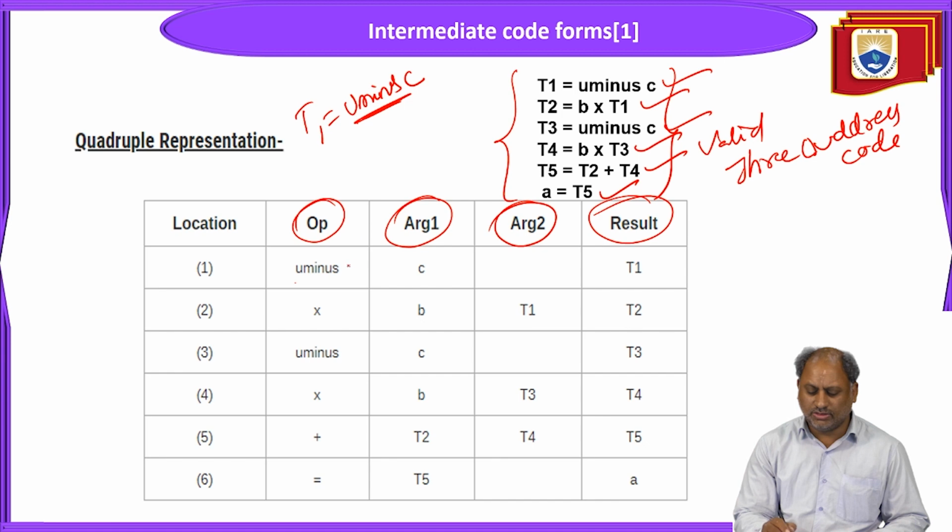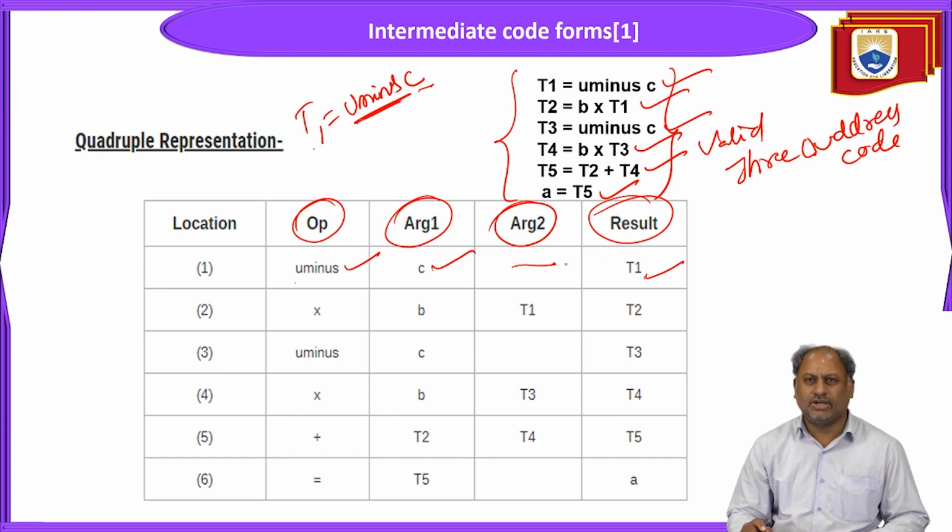Unary minus, so that's why I have taken the unary minus operator. And what is the argument? The first argument is C. There is no other argument, that's why we keep it empty. If an argument is present, we list it in the corresponding entry, else we simply keep it empty. And then the result is stored in T1. So that is one more entry.